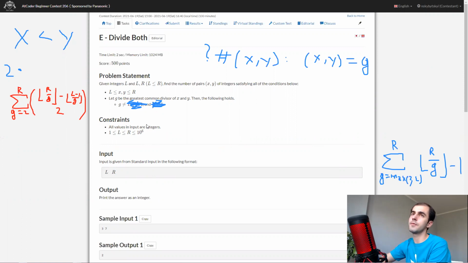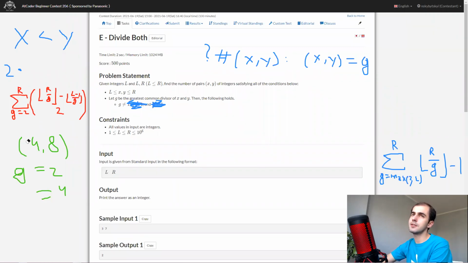So the pair 4, 8 gets counted for both g equal to 2 and g equal to 4, which is not great.